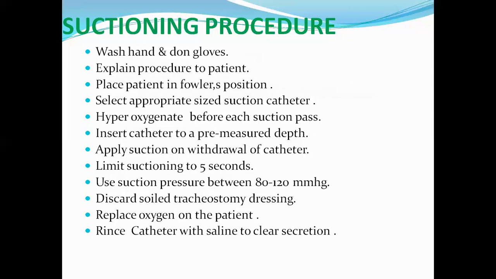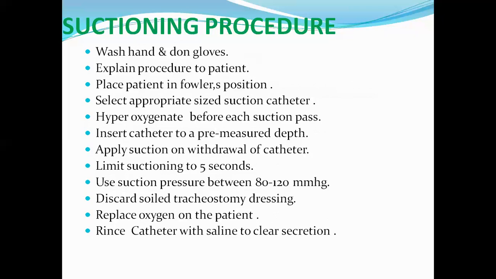Then limit suctioning: the suctioning should be only for 5 seconds, not more than this, otherwise the patient will have discomfort. Then use suction pressure between 80 to 120 mm of Hg.